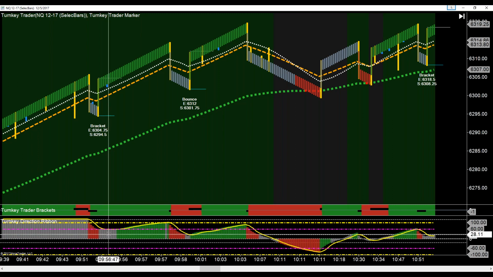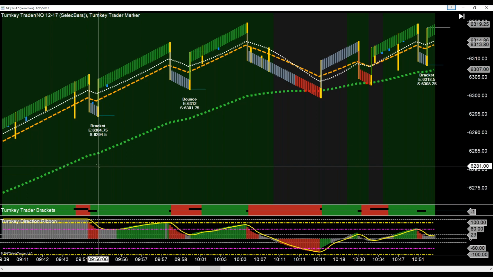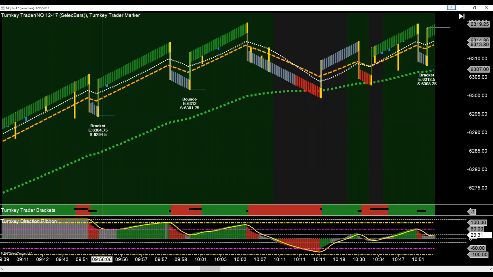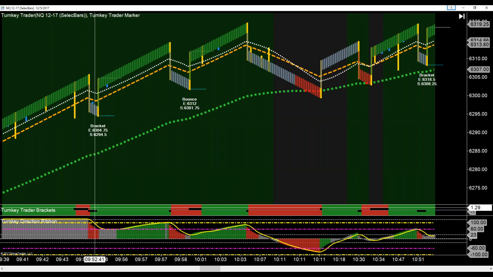Although it can bounce off really any one of these lines, they can all act as support or resistance. So a bracket can almost be seen as a continuation of the previous trend where we don't have enough of a reversal in between. We're not going to see our yellow line dip too far down, but we have our green bracket, which just adds strength to the trend.